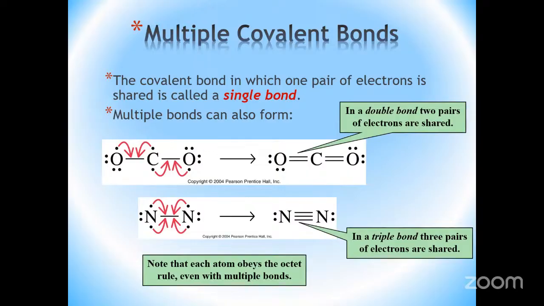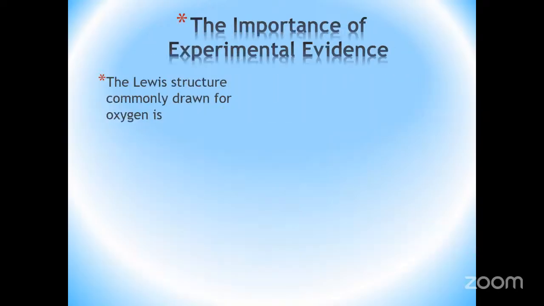But for all purposes, we won't get into that. We're only concerned with single, double, and triple bonds at this level, all right? So you need to understand that these bonds can also form, and later on, when we get into exercises of drawing Lewis structures, you're going to see how we go about forming those bonds, at least on paper. Okay, so that's multiple bonding, all right?